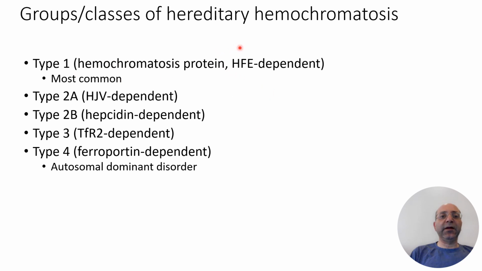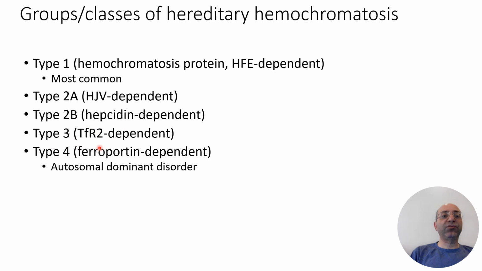Type 1 is related to inheriting defective HFE، هذا البروتين اللي بيعمل interaction مع transferrin receptor 1. This is the most common type of hemochromatosis, hereditary hemochromatosis. Type 2A, type 2B. Type 2A is related للبروتين اللي هم hemojuvelin اللي بيكون عامل interaction مع ال BMP6 receptor. Type 2B is related للهبسرين production and release.